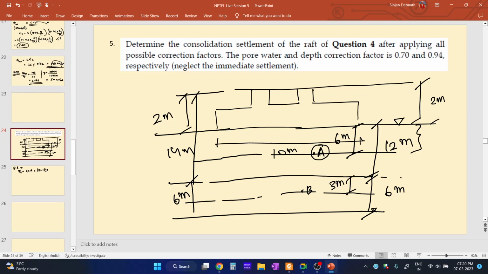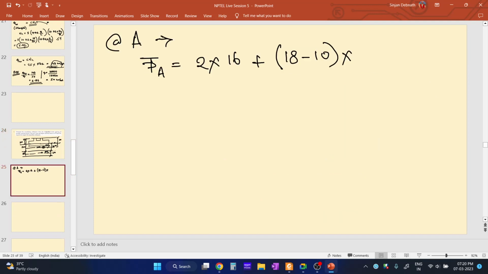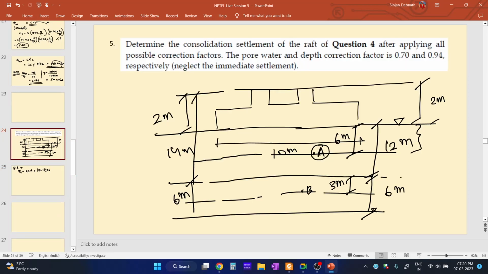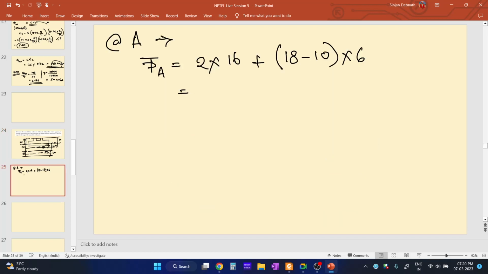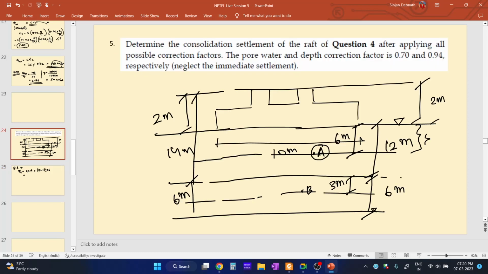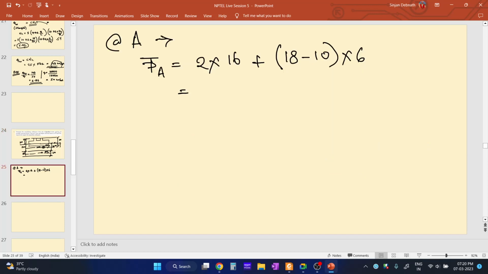How much is the thickness? It is 6 meter, right? So into 6, the submerged portion. So if you calculate this, 2 into 16 plus gamma sat minus gamma w, that is the submerged unit weight, into the submerged portion thickness, that is 6 meter. You will get the effective overburden pressure at point A, which is 80 kilonewton per meter square.